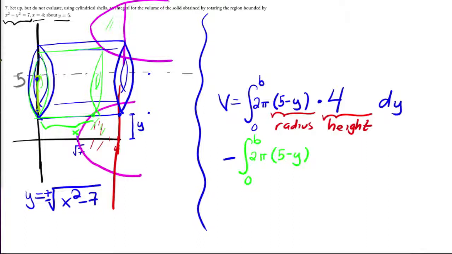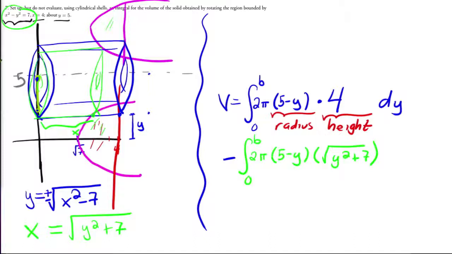And so we have to solve for x here. If you grab the original one and solve for x, you get that x is equal to the square root of y squared plus 7. So the height is the square root of y squared plus 7, dy.